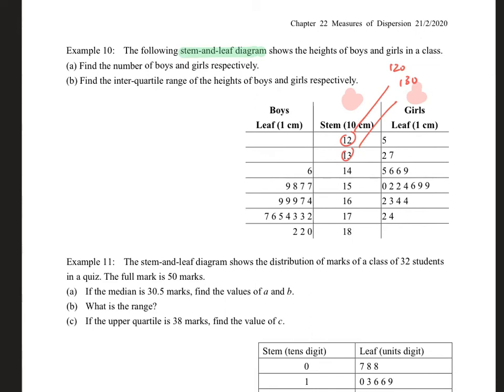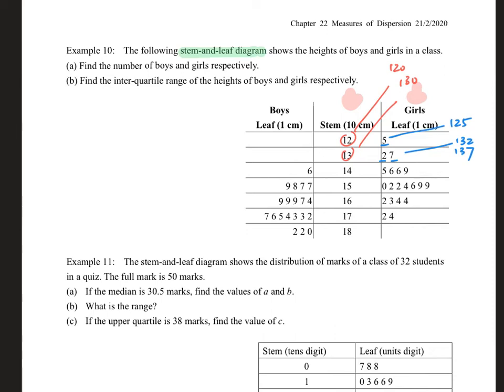When you read the leaf together, you will see 1, 2, and 5, so this value means 125. Similarly, there are two more data, which mean 132 and 137 respectively. That's the basic principle of a stem and leaf diagram. It carries a big advantage because it tells you the distribution.